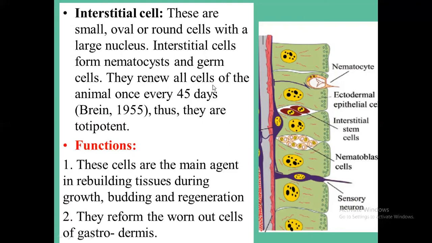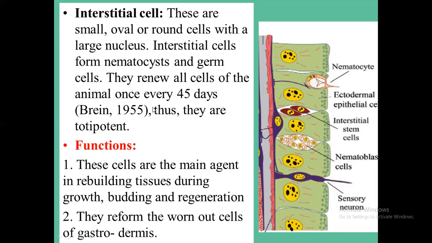They can renew all cells of the animal once every 45 days. Every 45 days, they convert into other cells. So they are called totipotent. Totipotent means a cell which can convert into any other cell.